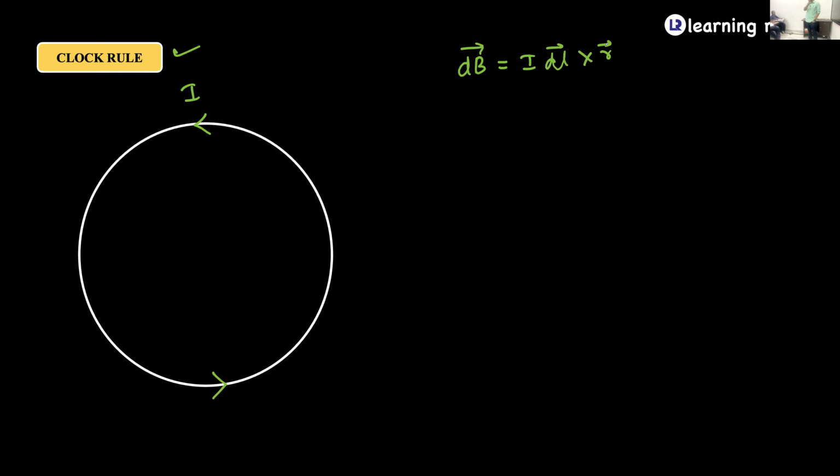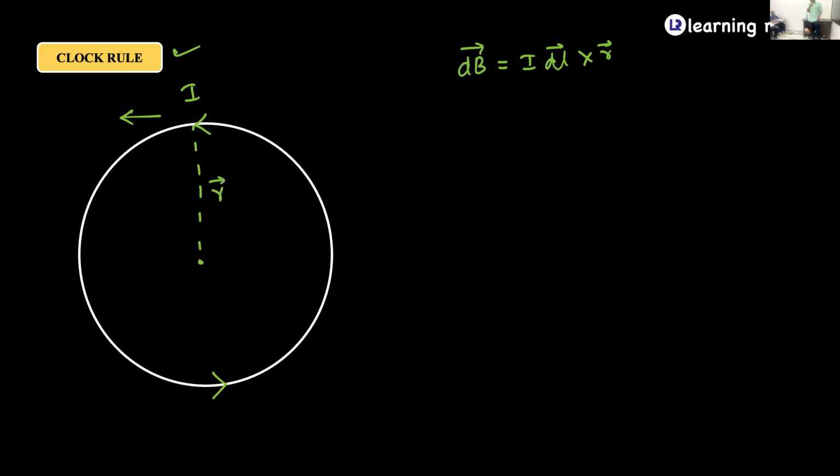When you do the cross product between these two, you get the direction of the magnetic field. In this case, the I dl vector at the top is in the leftward direction, and the R vector is towards the center. If I want to find the direction of magnetic field at the center, then this is going to be the R vector.